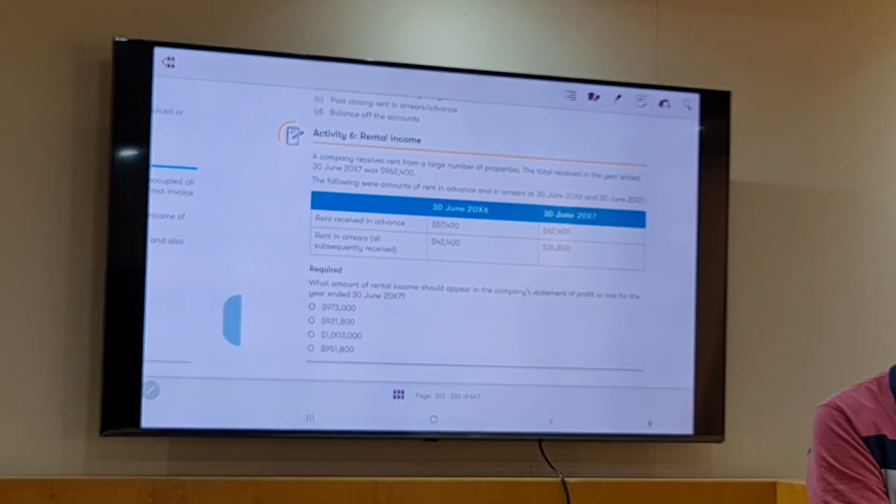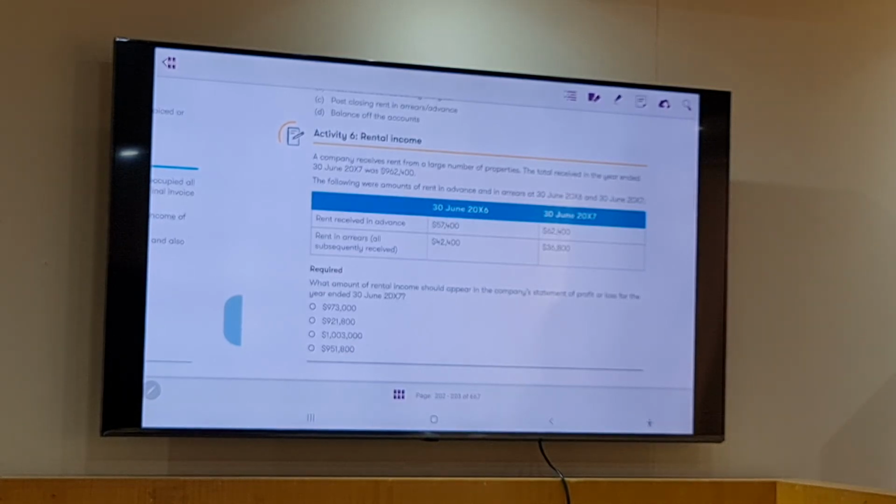You delayed, but you lived that entire 31 days and didn't pay the rent. So from the landlord's point of view, does he have the legal right to receive this money? Yes. So is it a receivable or not? If it is a receivable, it's an asset. Understood?